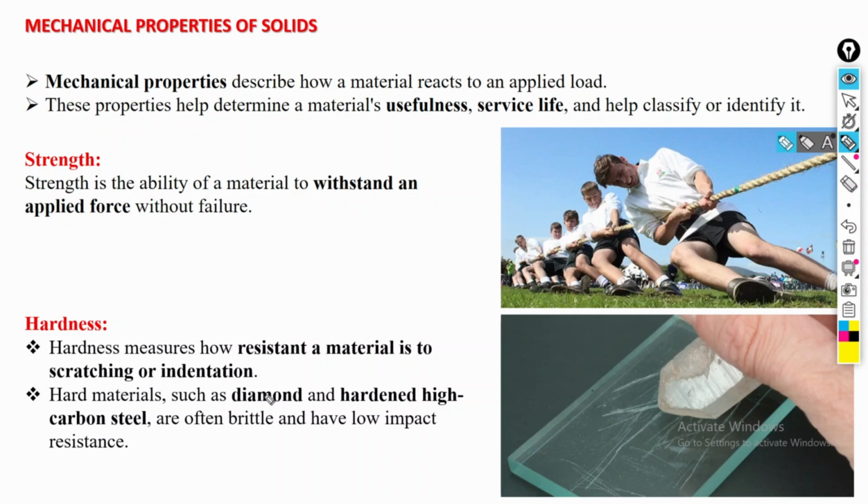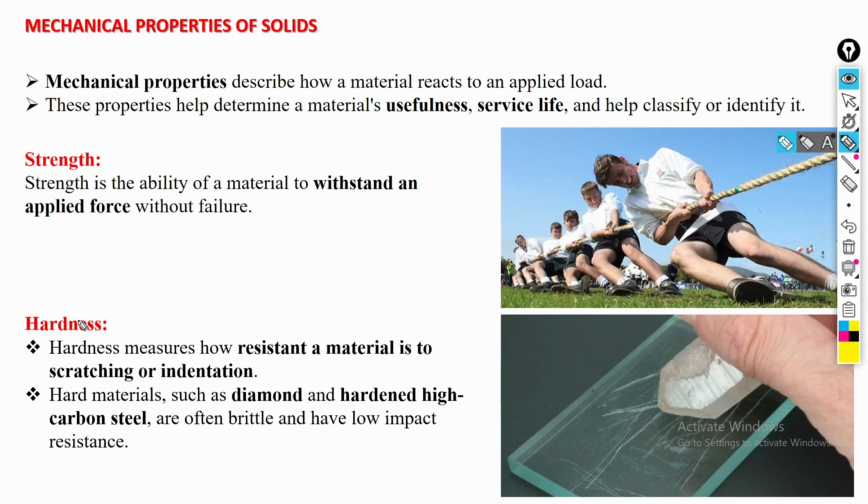In other words, what I mean is that if a material is more hard, then it will be more brittle. It will have low resistance to external impact, and it is breakable by applying external force. If we apply more external force on this hard material, no elongation occurs and the material breaks.